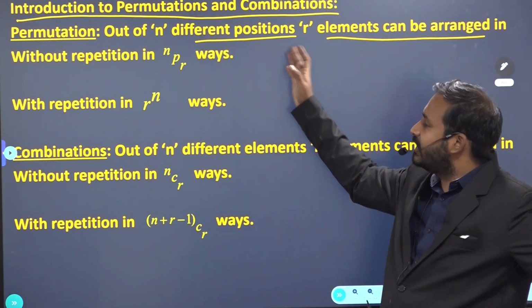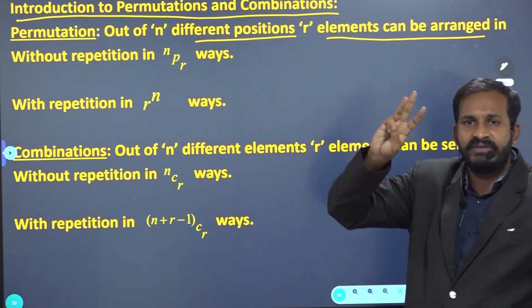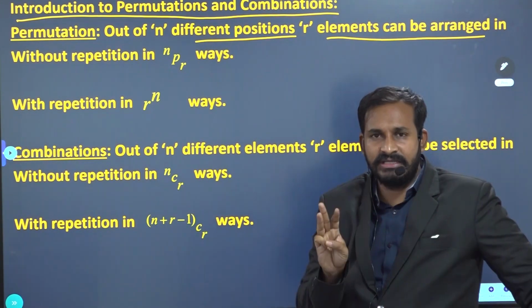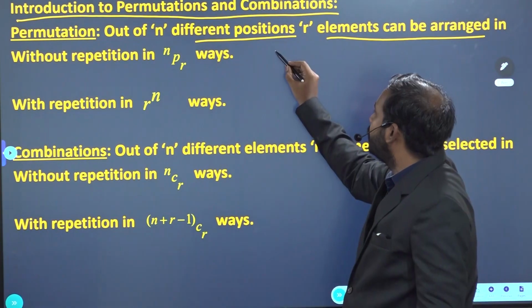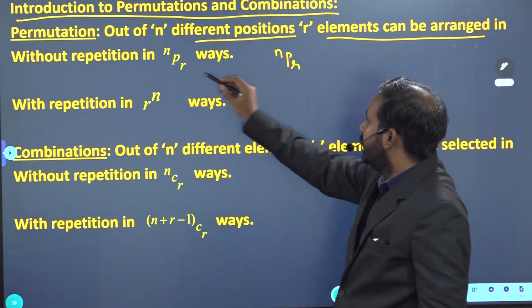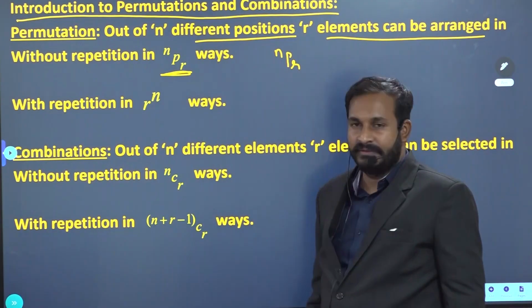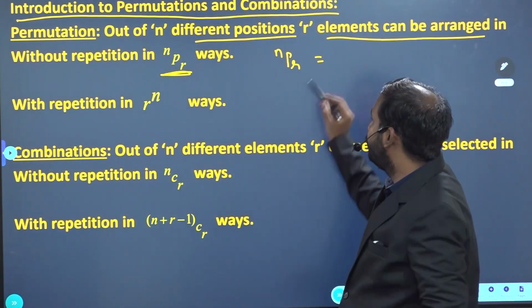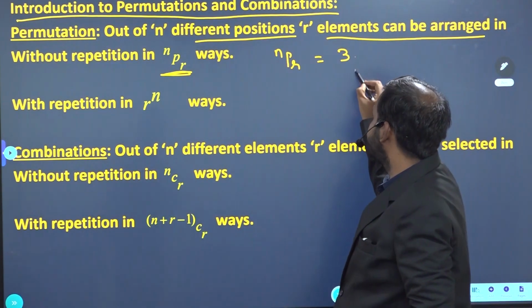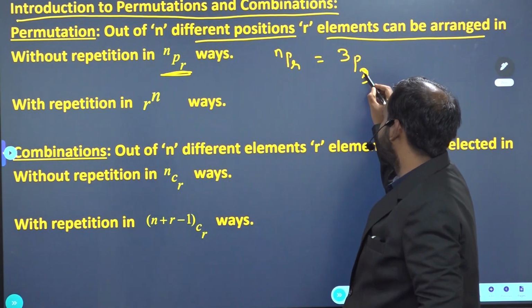See here, out of n different positions, that means it will have 3 different positions, 3 letters. If r elements can be arranged without repetition, the formula is what? NPR. In NPR ways we can do that one. For example, in the word eat I have 3 chances, so I should fill it with 3 letters.